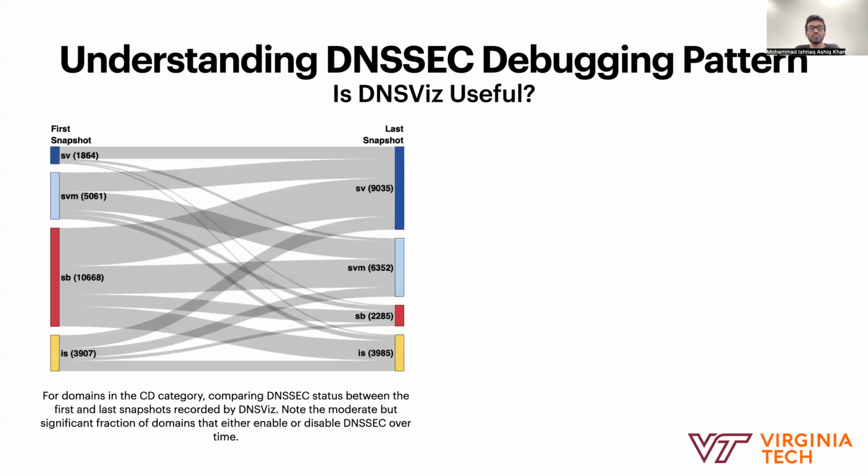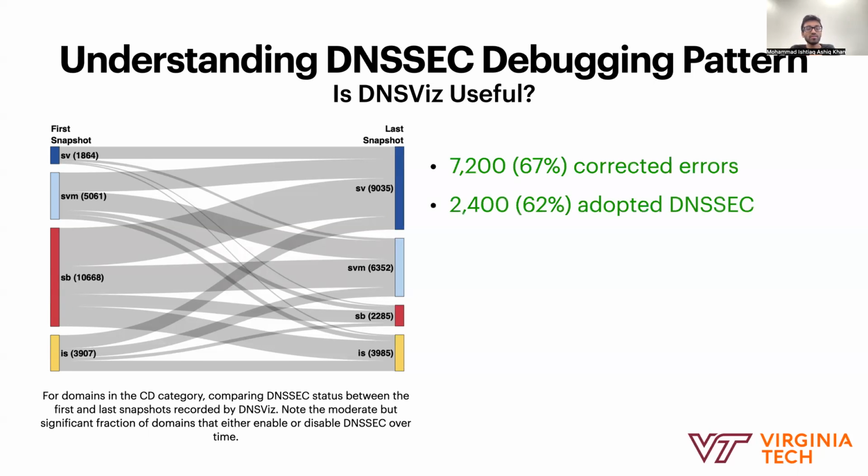Now our objective is to understand whether DNSViz is used by the administrators to fix their errors or correct their misconfigurations. To do that, we plotted a Sankey diagram for domains in the changing domains category, to compare the DNSSEC status between the first and the last snapshot recorded by DNSViz. And we see some interesting things.